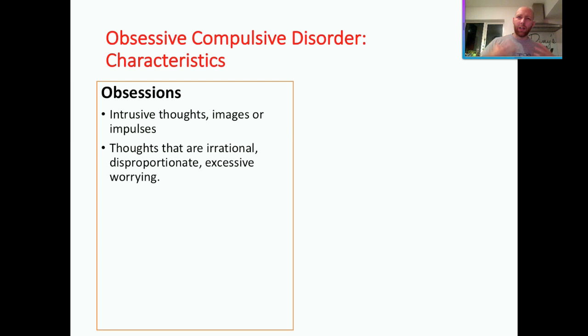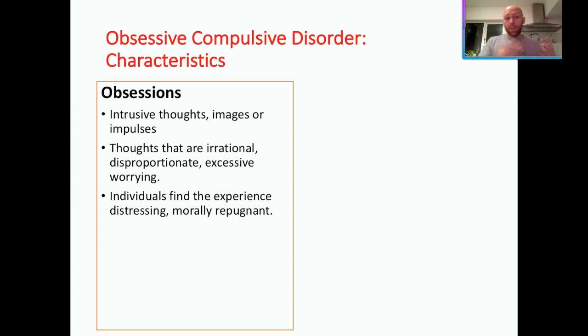So an obsession in this context is intrusive thoughts, images, impulses that you do not conjure up. These can be inappropriate, or they can make you feel awkward or disgust. They may be sexual in nature, and as a result, these cause anxiety. They may also cause you to feel a sort of moral repugnance because you don't want to think about these things.